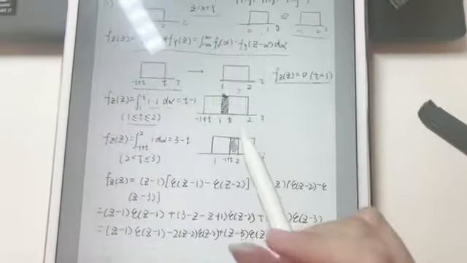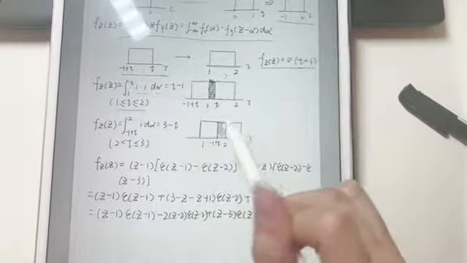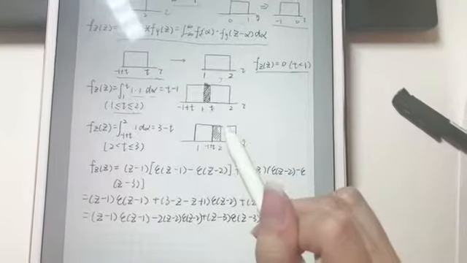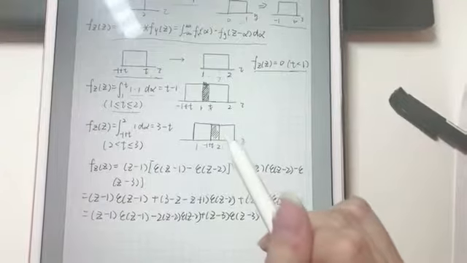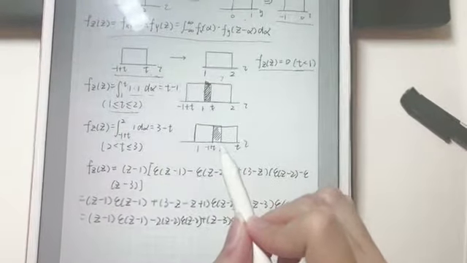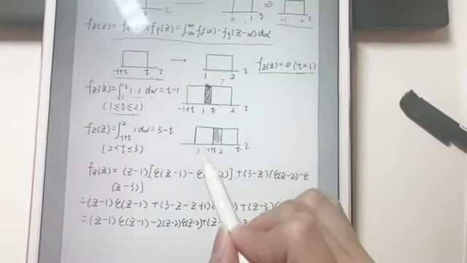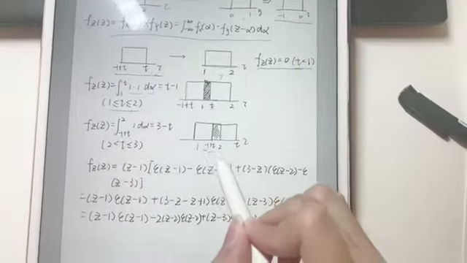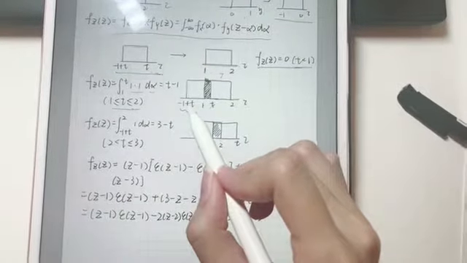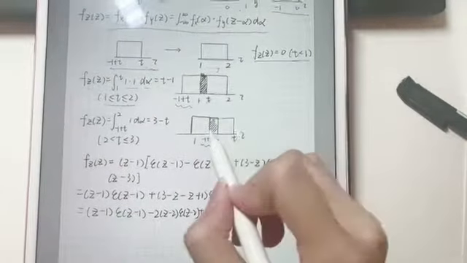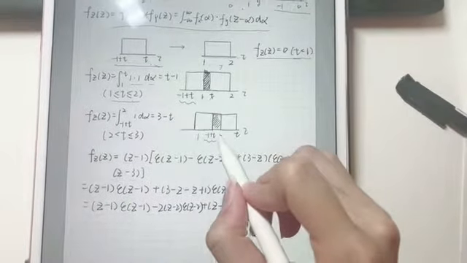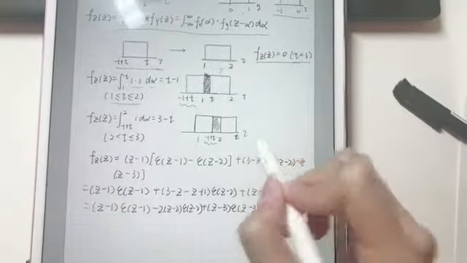For the same reason, when we continue to move the first function over the second function, look at the figure. Under this situation, minus 1 plus t is larger than 1. That means t is already larger than 2. T is moved to here.